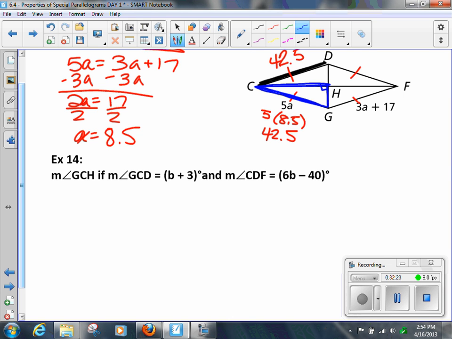We're told that GCD, the whole thing, is b plus 3 degrees. And we're told that CDF, this whole angle, is 6b minus 40.